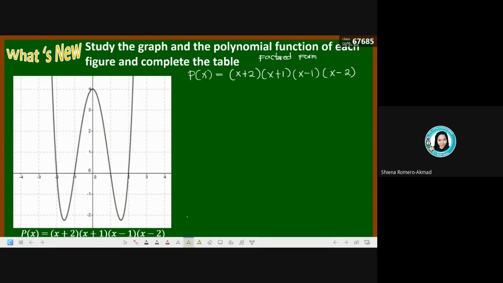That's why it is easier for us to identify the x-intercept and the y-intercept. Okay? Then, later on, we will identify the leading coefficient, their degree, and the end behavior.